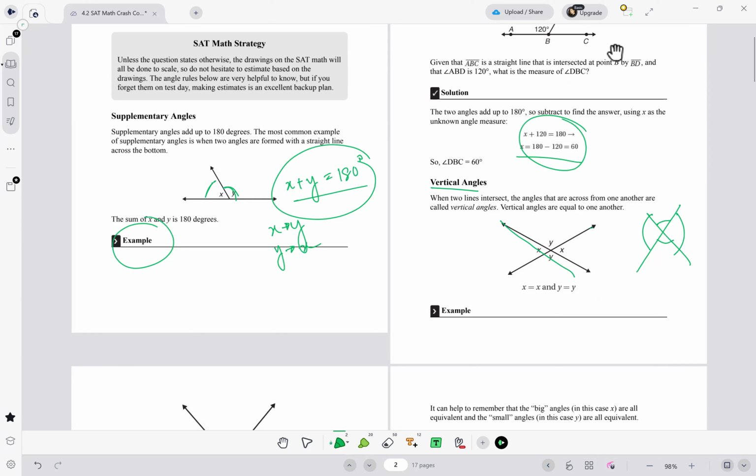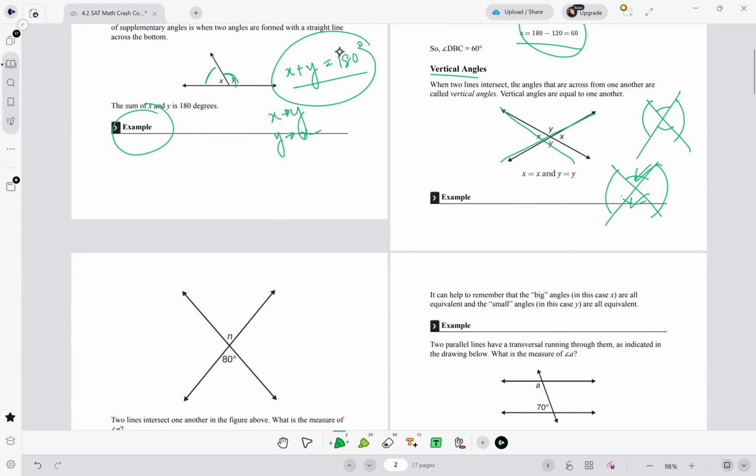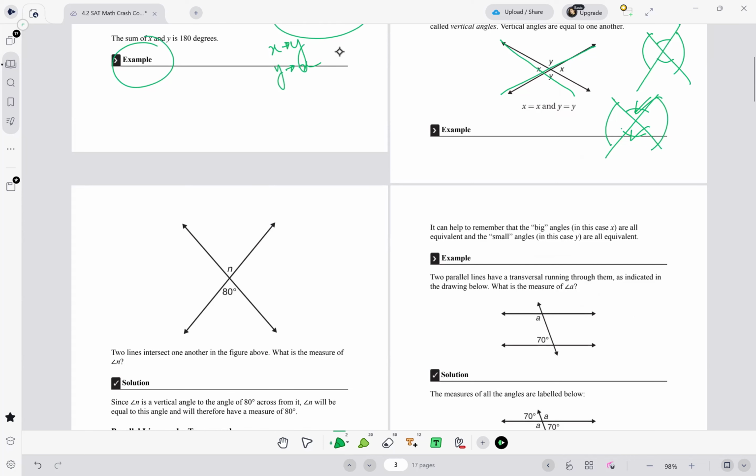This line and this line are intersecting each other, and they are called vertical angles because this angle and this angle are the same, and this angle and this angle are also the same. These are some simple definitions.